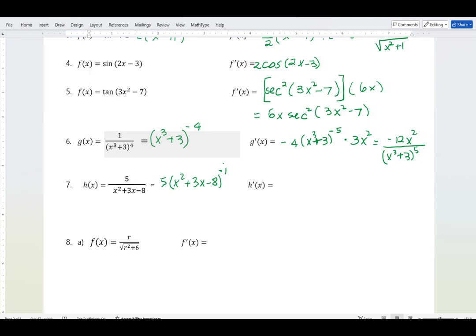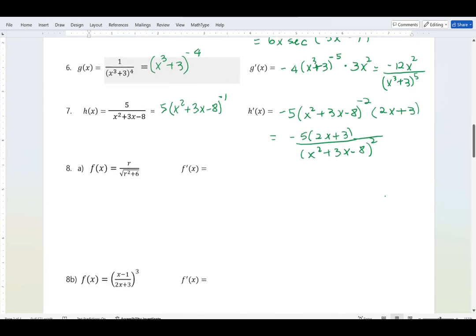So bring the power down, get negative 5. Leave the inside quantity the same to the power of negative 2 times the derivative of the inside, 2x plus 3. Once again, rewriting our answer as negative 5 times quantity 2x plus 3 all over x squared plus 3x minus 8 to the power of 2. That's all in the denominator.